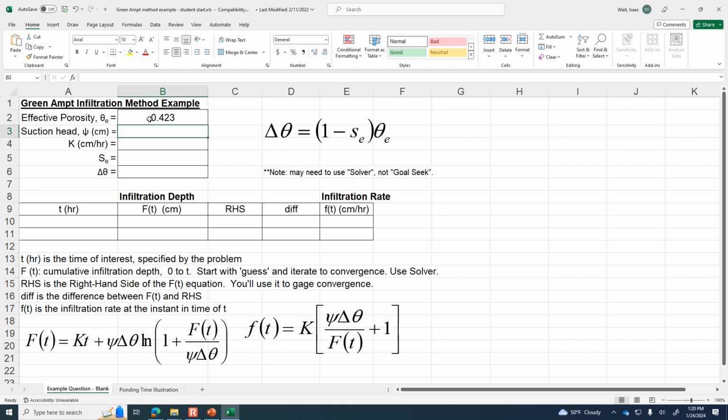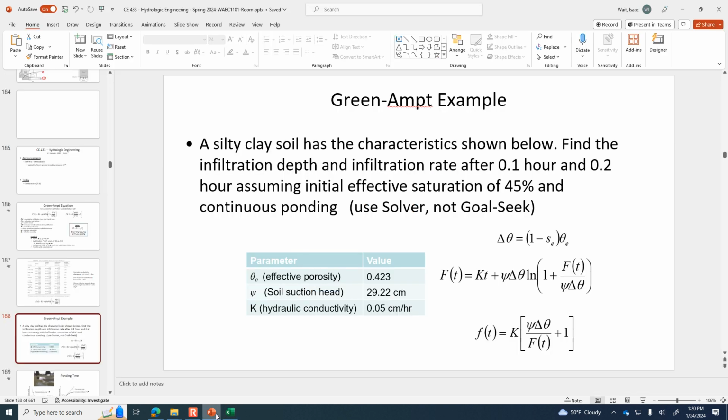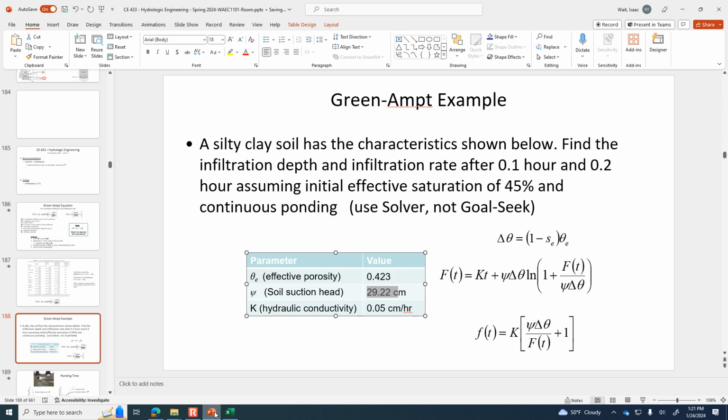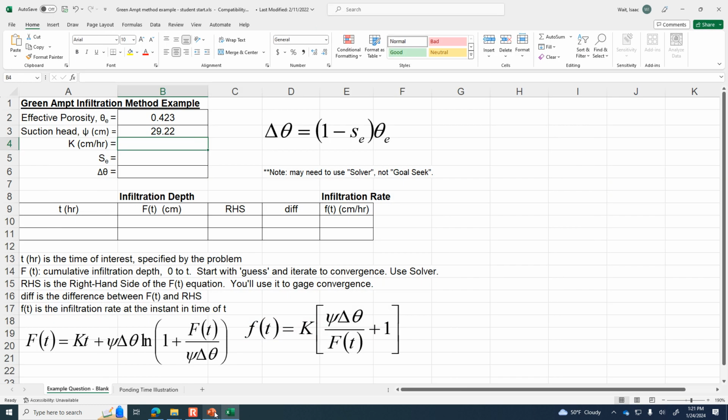For the suction head, the problem statement says for this silty clay, let's use 29.22 centimeters. And then the hydraulic conductivity for this soil, expressed as centimeters per hour, is 0.05 centimeters per hour.